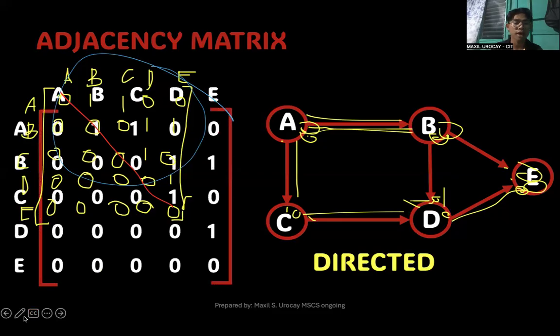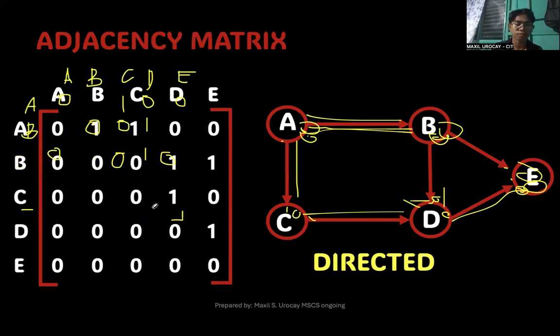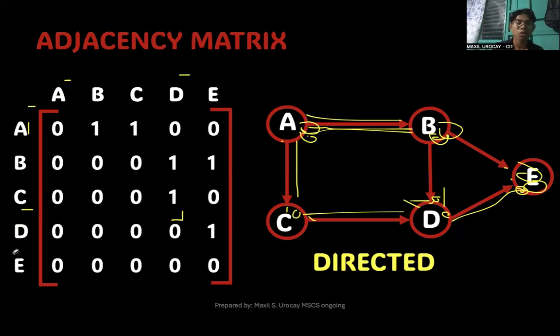So to clarify, this will be the adjacency matrix for the directed graph. It is basically so easy. Be mindful that you have to search that one by one. As I mentioned earlier, the adjacency matrix of a directed graph will not be symmetric.